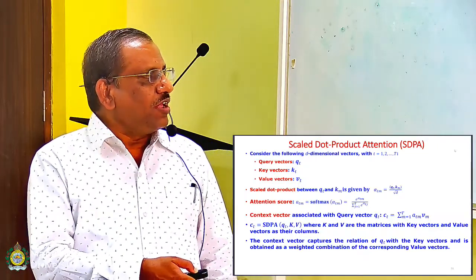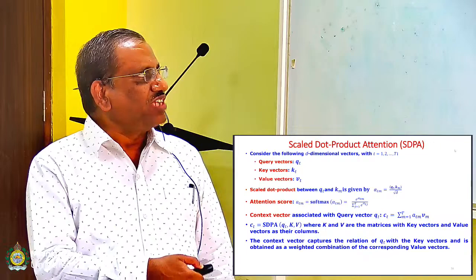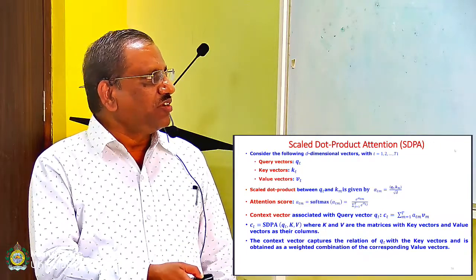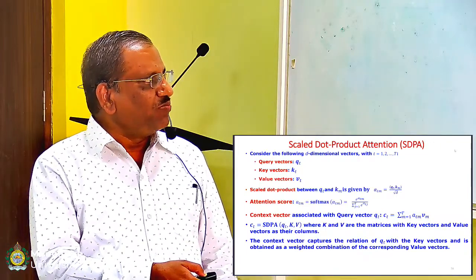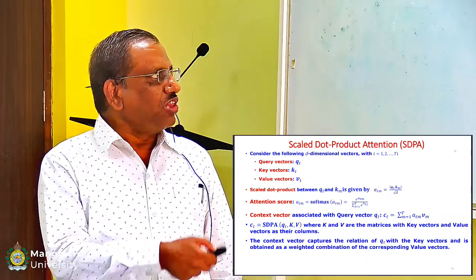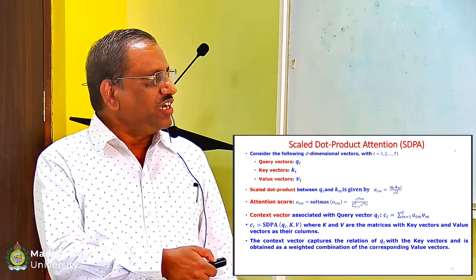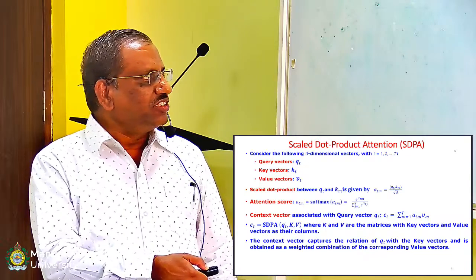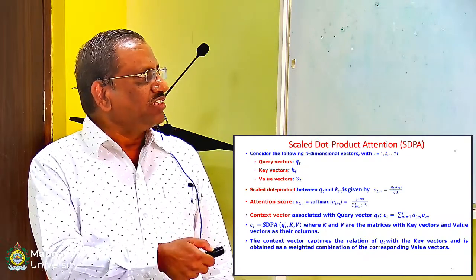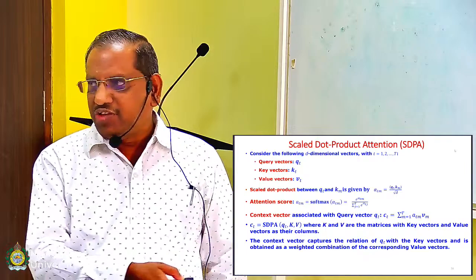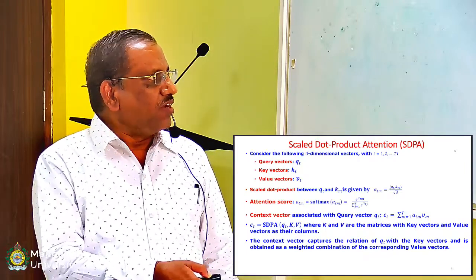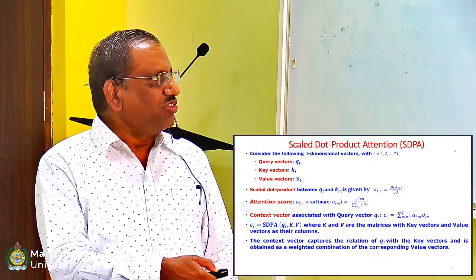And the whole operation here is what is referred to as the scaled dot product attention, which takes the representation of one word and all the key vectors and all the value vectors, and it then generates this context vector. And this collection of all these key vectors and the value vectors are what are called the K and V matrices, right? And these vectors are nothing but the columns of these matrices.